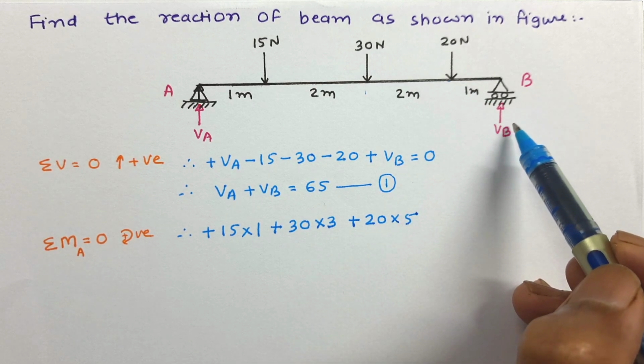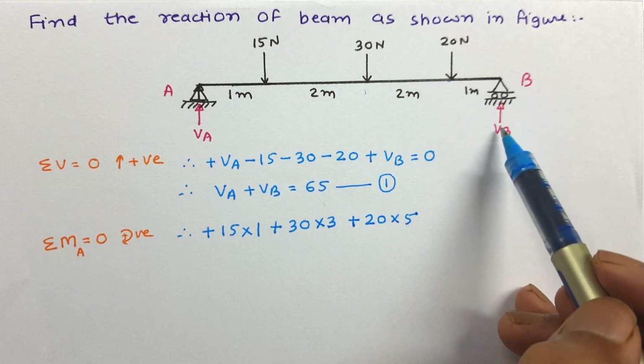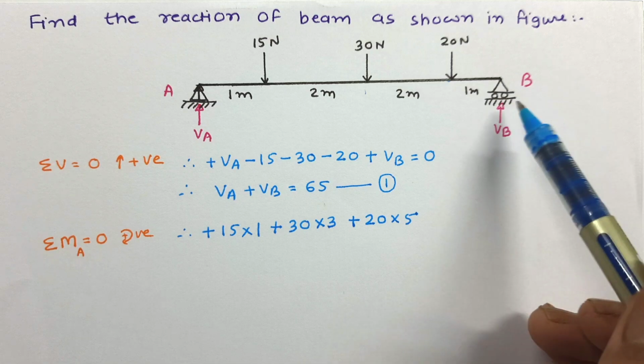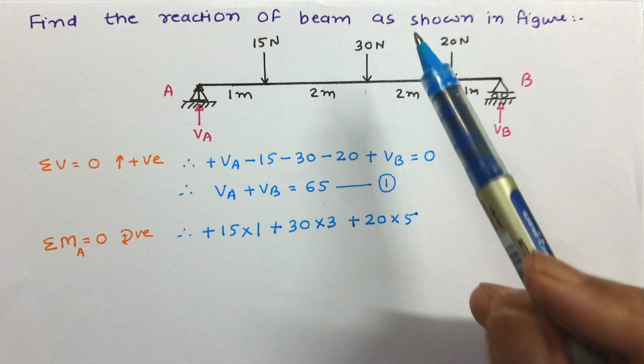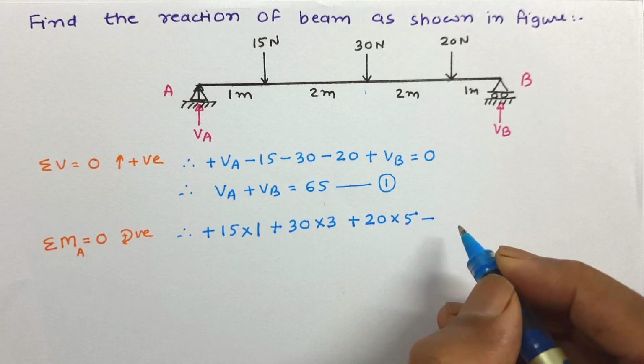And lastly, the moment due to this force VB. The force is VB, but it will create the moment in the anti-clockwise direction, so it will be negative.